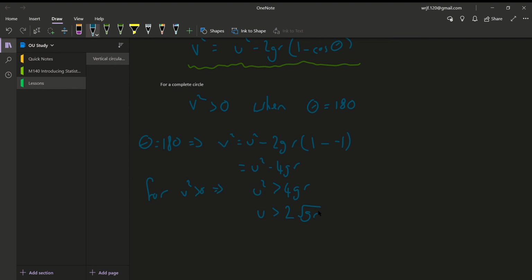And therefore, if we've got u smaller than something which will give us 4gr when we square it, then the alternative situation will be where we're not completing circles and we've got that oscillating pendulum type of motion. So that's fixed vertical circles.